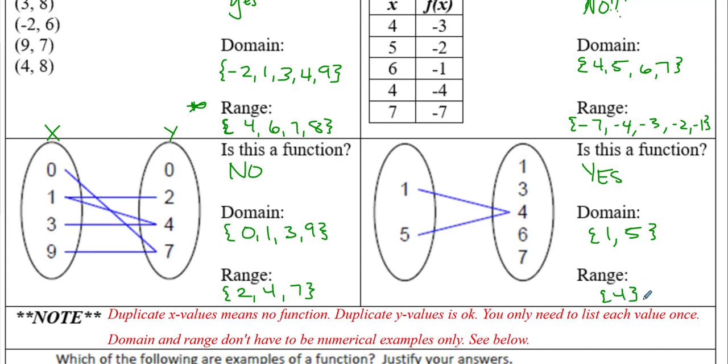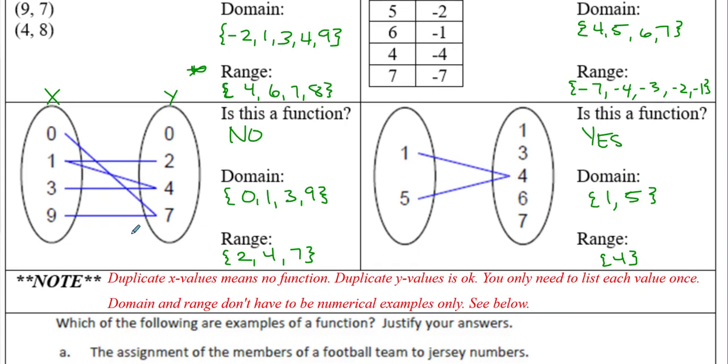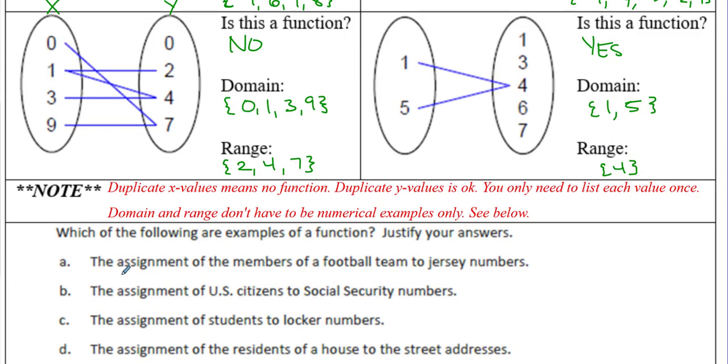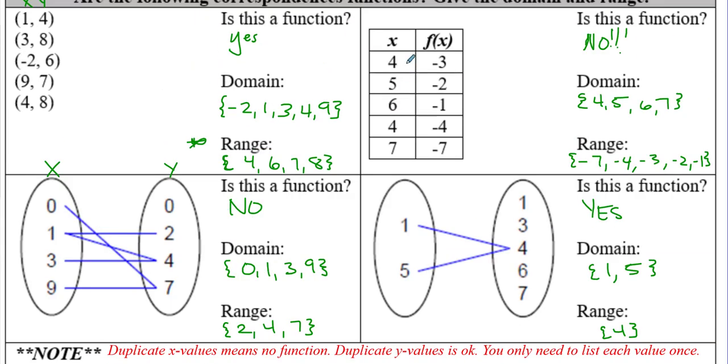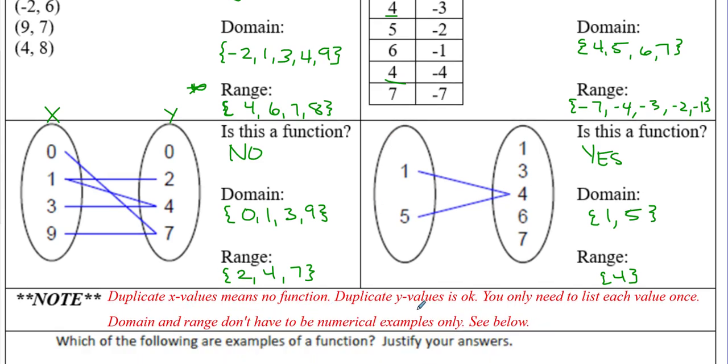That's it. All right. So what I want you guys to think about, I got this little note here for you. A way that you can easily identify if something is not a function is if you look for duplicate x values. If you see an x value and there's 2 of them, like here, 4 and 4, immediately, hey, 2 of the same x value, no go, not a function.